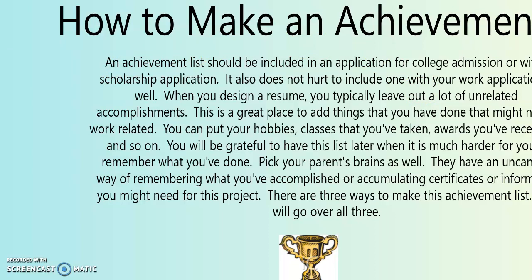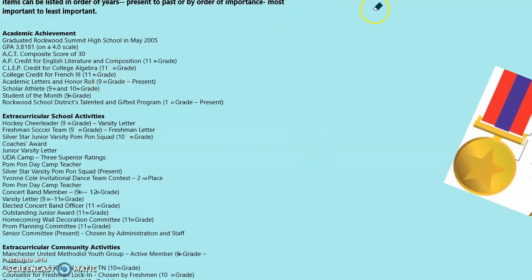So in your packet, you have a couple of different examples of how to build achievement lists. This is one of the examples here. You can see that we have all of your grades. So they've lumped it by category. You have academic achievement, extracurricular activities, extracurricular community activities.